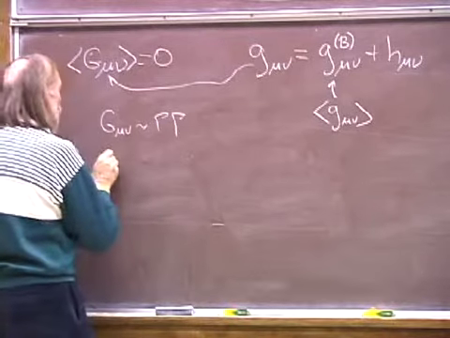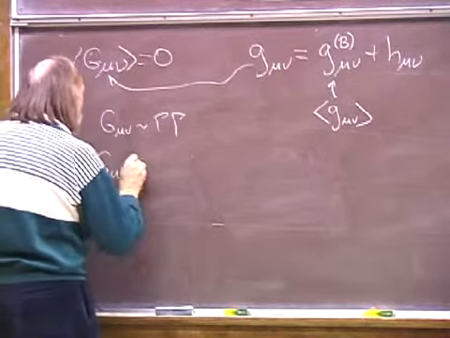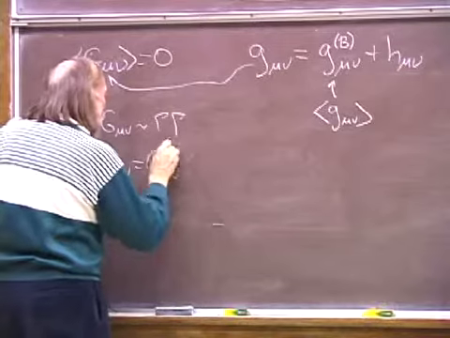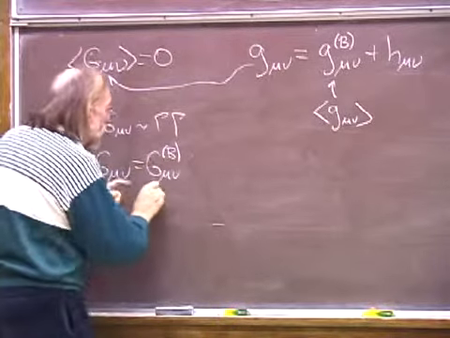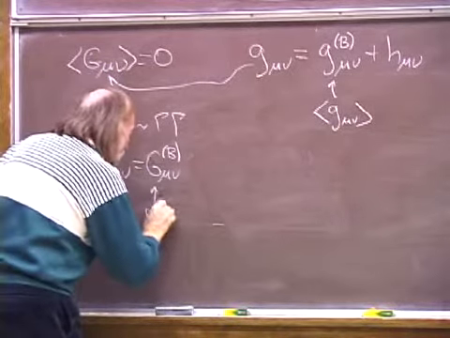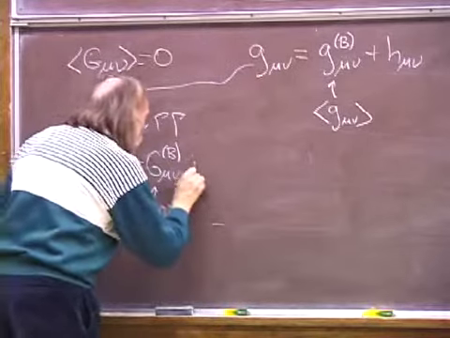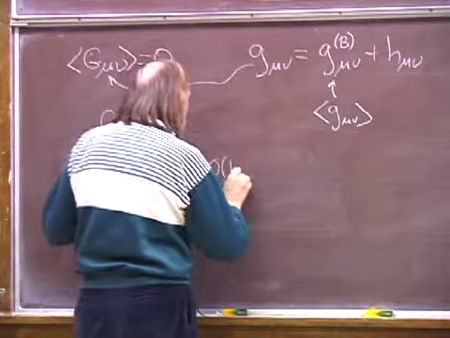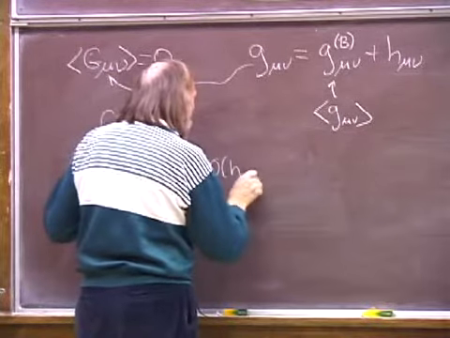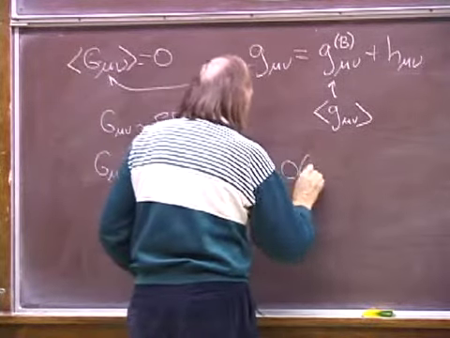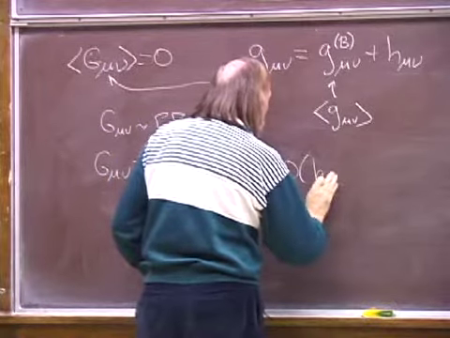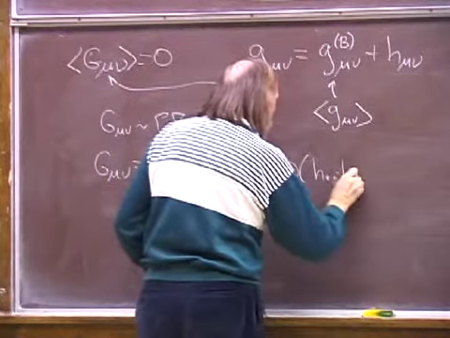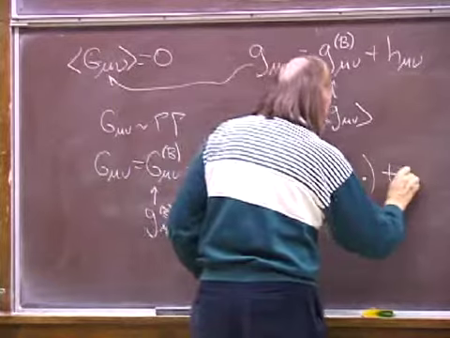What we will get out is that G mu nu is G mu nu background, the piece computed from the background metric. But there will also be terms that are linear in the metric perturbation, and there will be terms that are quadratic in the metric perturbation. And there will be higher order terms.